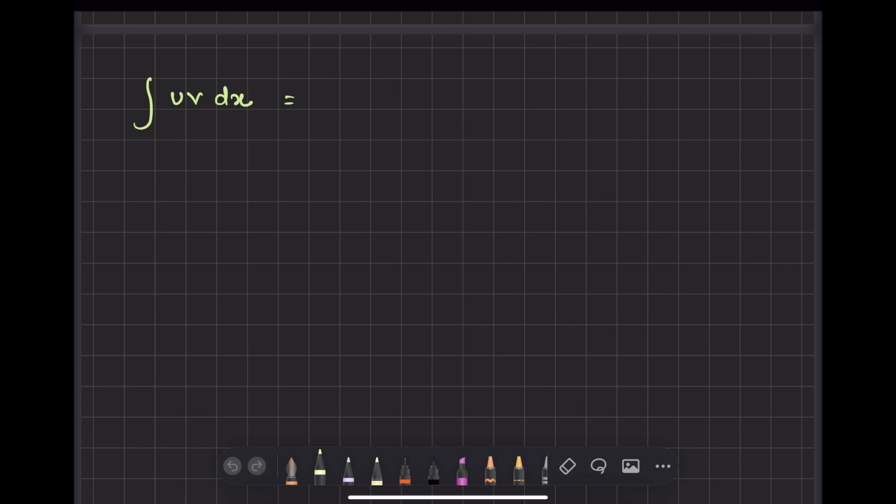You have to write the first function, u is the first function, integration of second function, minus whole integration, differentiation of first function, integration of second function. This statement you have to use.